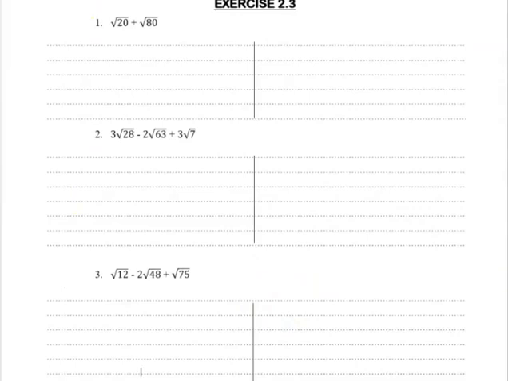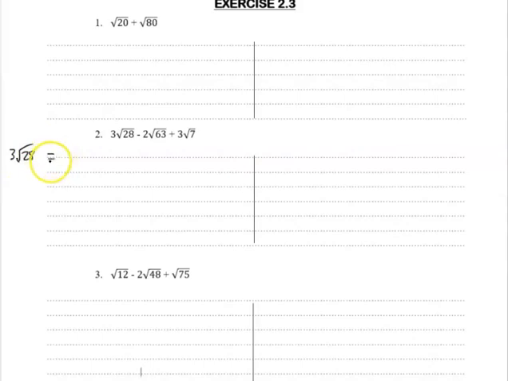Exercise 2.3 is where you have to add various surds, but before you can do that you have to simplify them so they're in the same form. Otherwise you won't be able to collect them. So what you need to do is simplify each of them separately. So we're going to have 3 root 28.